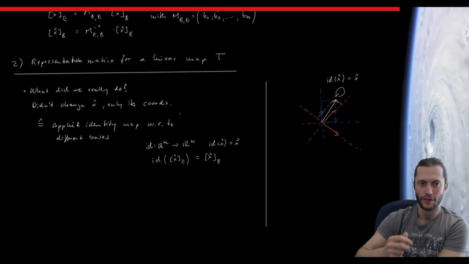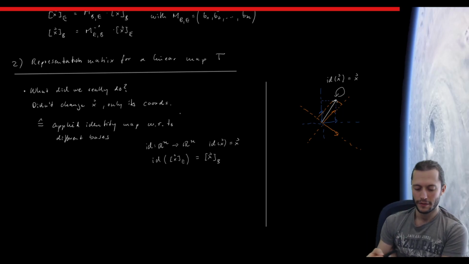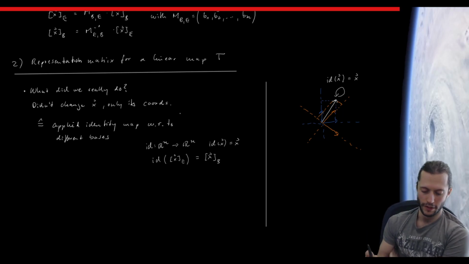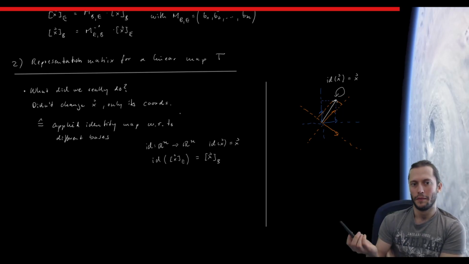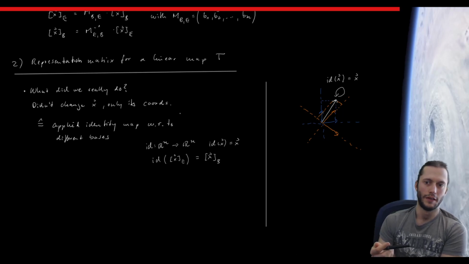And now how do we get this together? Well, therefore, you have to know that every linear map can be expressed as a matrix, and this matrix depends on the bases. The linear map identity can also be expressed as a matrix, and this one also depends on the basis.